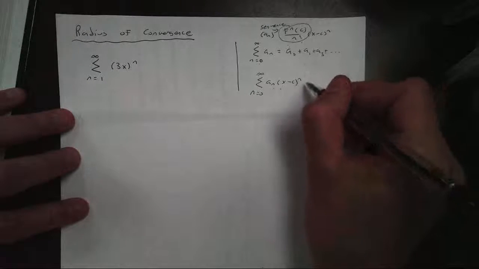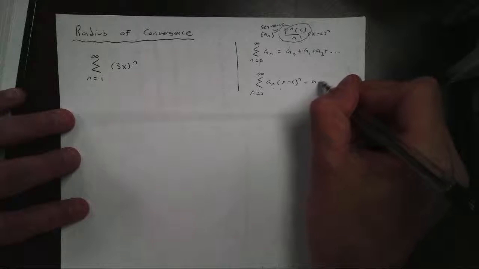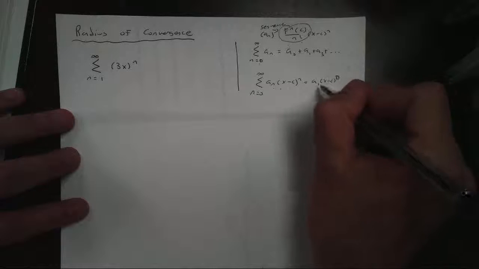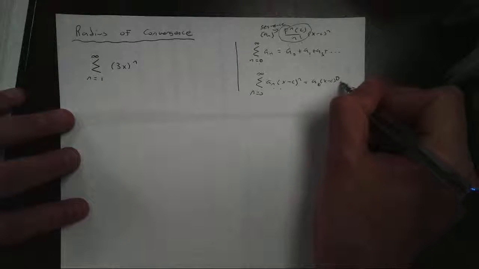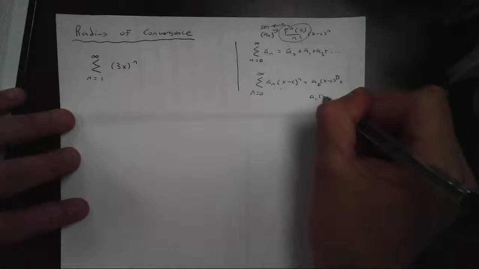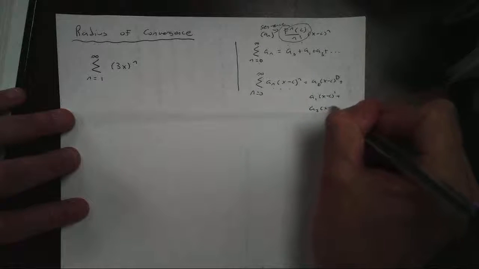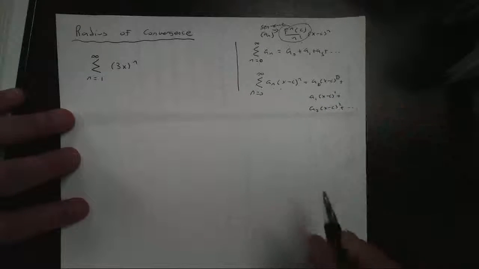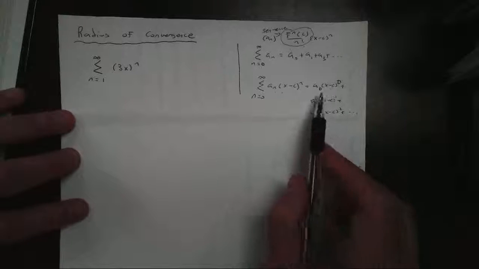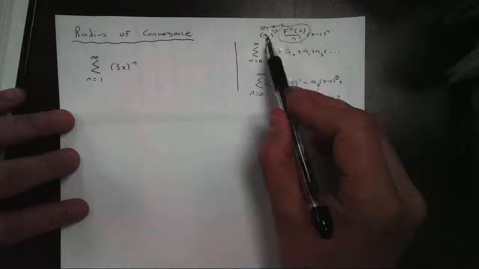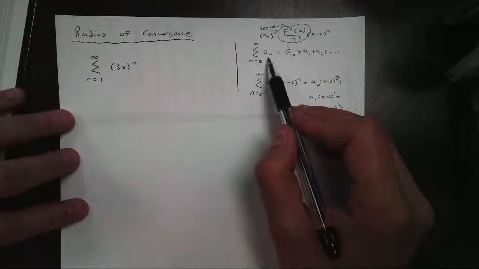And if I were to expand this, we would get a sub 0, x minus c to the zero, plus a sub 1, x minus c to the first, plus a sub 2, x minus c squared, and so on and so forth. Now, when we talked about sequences, it's easy to determine if a sequence converges or diverges if we write it as a series.